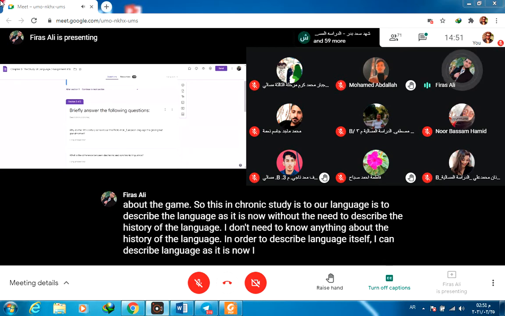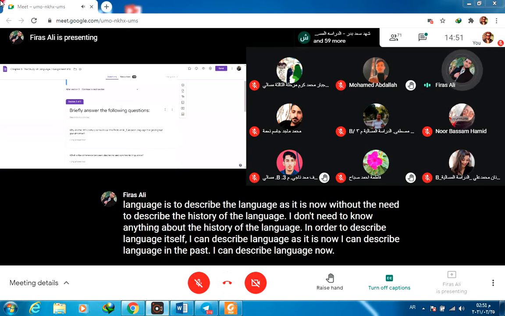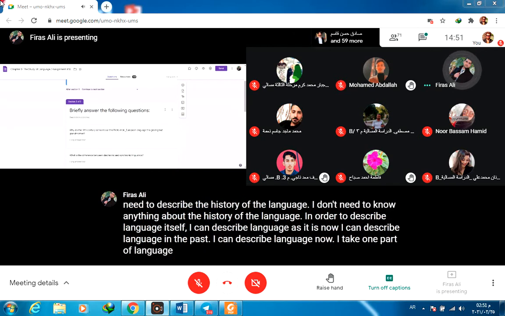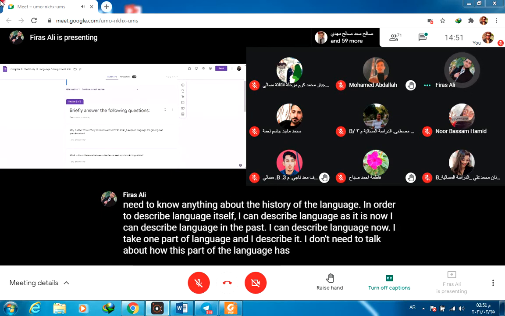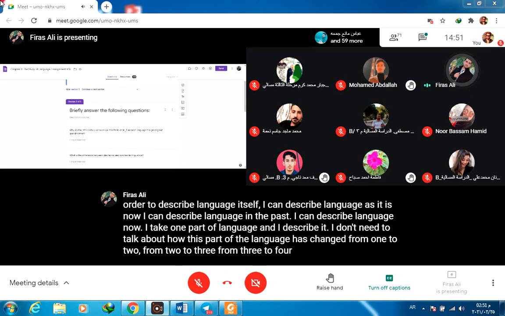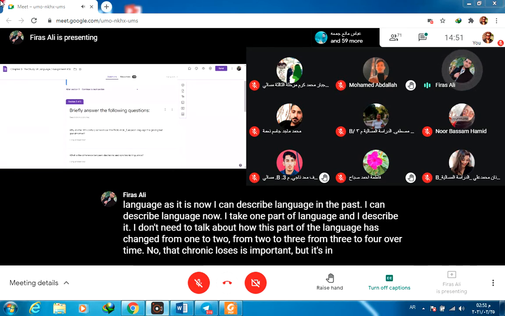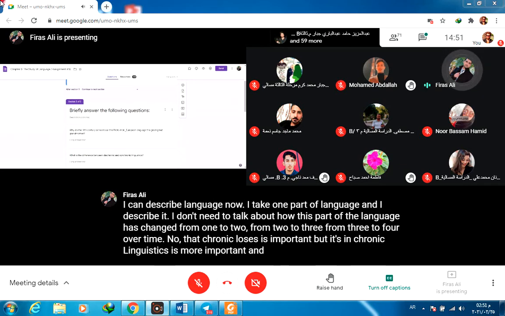I don't need to talk about how this part has changed from 1 to 2, from 2 to 3, from 3 to 4 over time. Diachronic linguistics is important, but synchronic linguistics is more important. And the synchronic study of language should always precede the diachronic study of language. Okay. Thank you, Fatma.